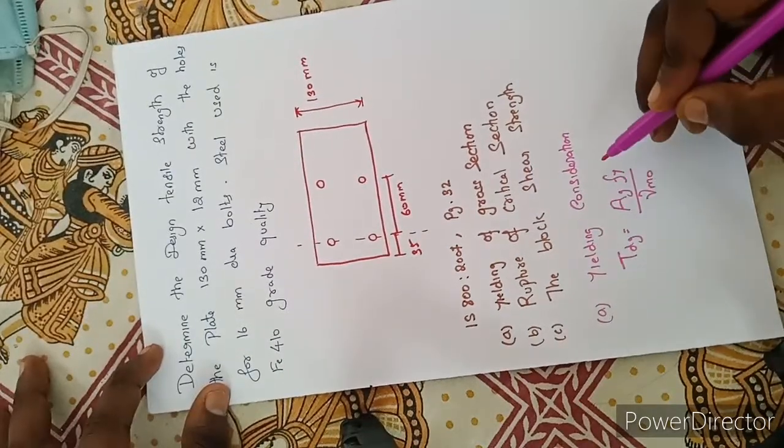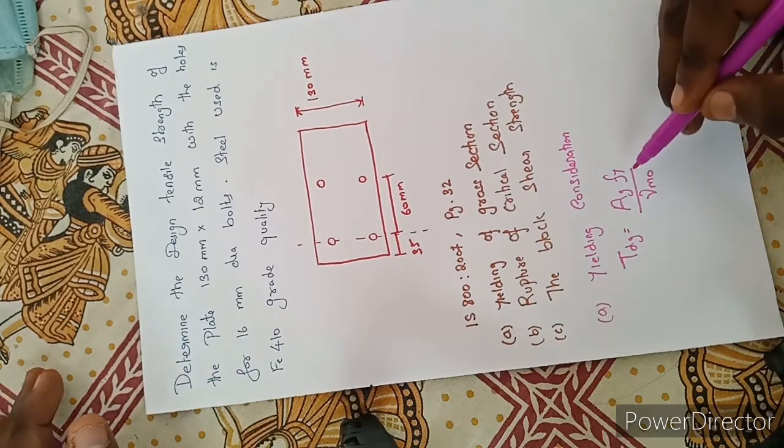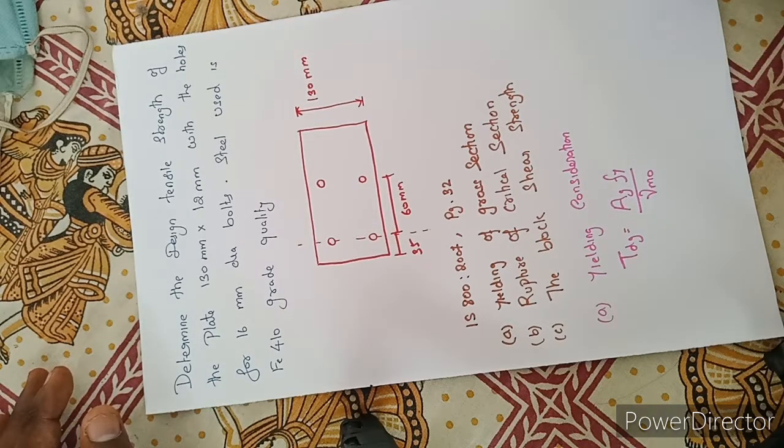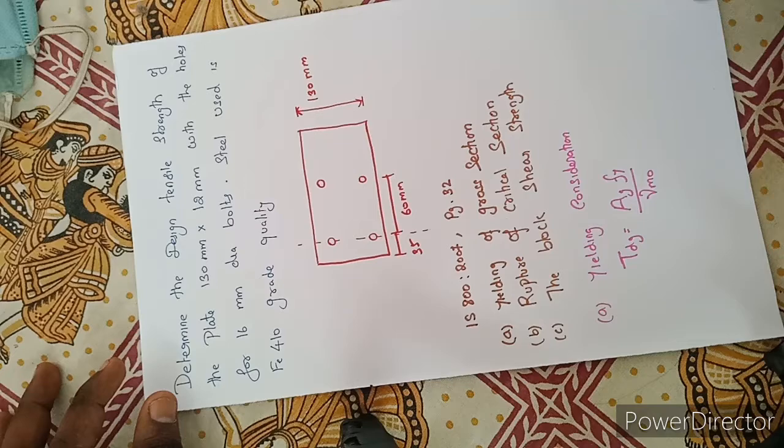Where Ag is the gross area of the plate, Fy is the yield strength of the plate, and gamma m0 is a constant value.